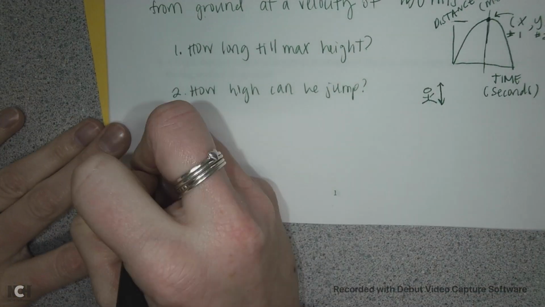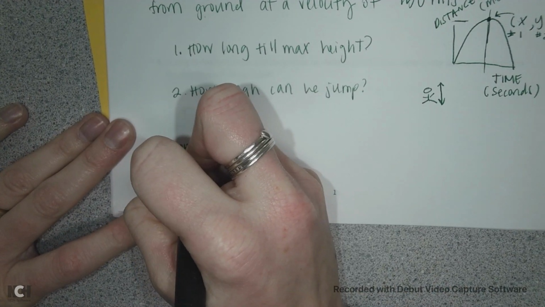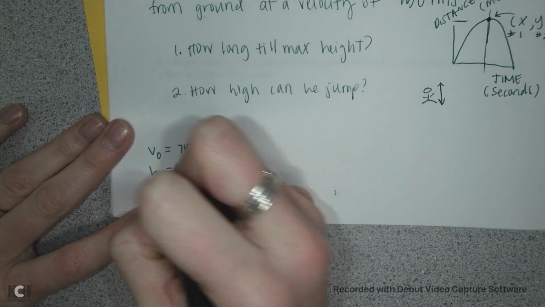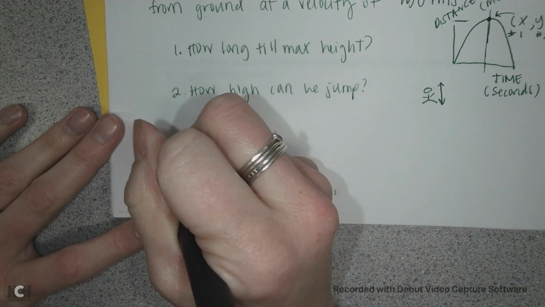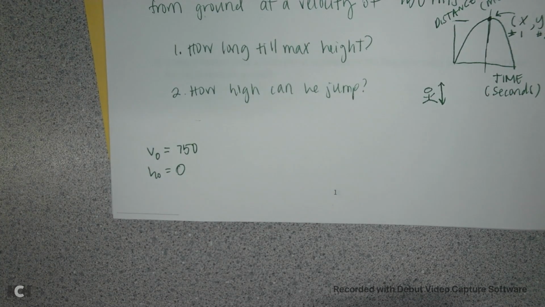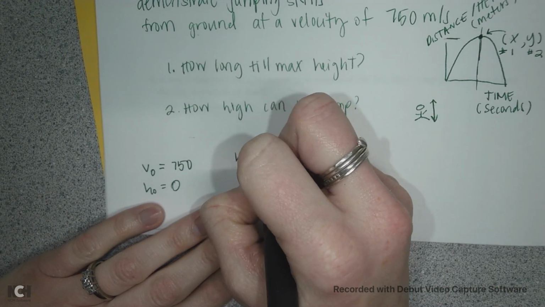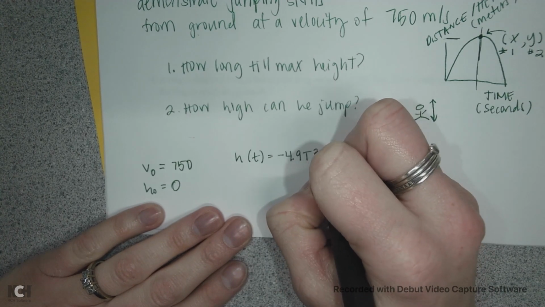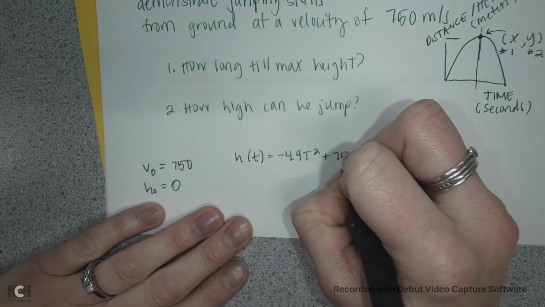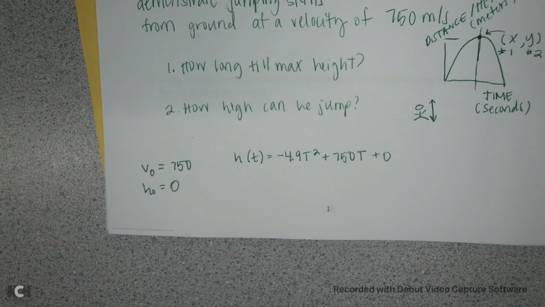In our problem, our initial velocity is 750, and our initial height, well, we started at the ground, so 0, because he just jumps. So we plug that into our equation. We have h of t is equal to negative 4.9 t squared plus 750 t plus 0.